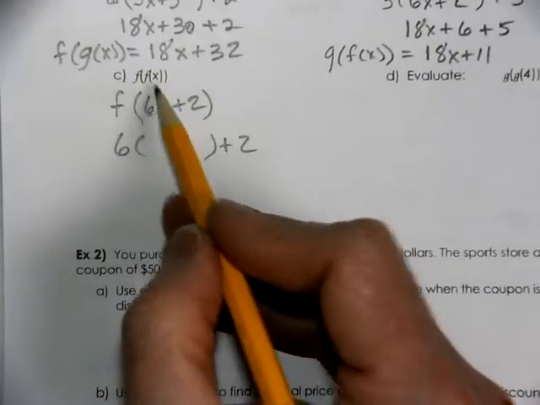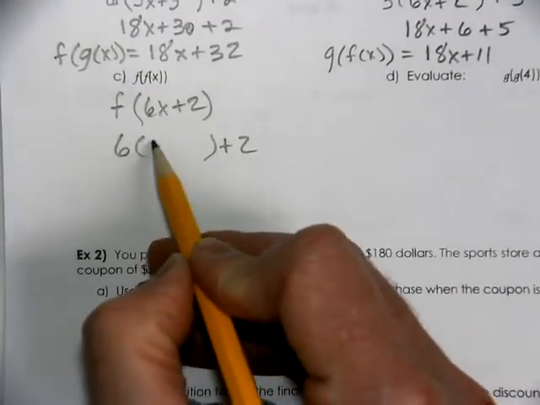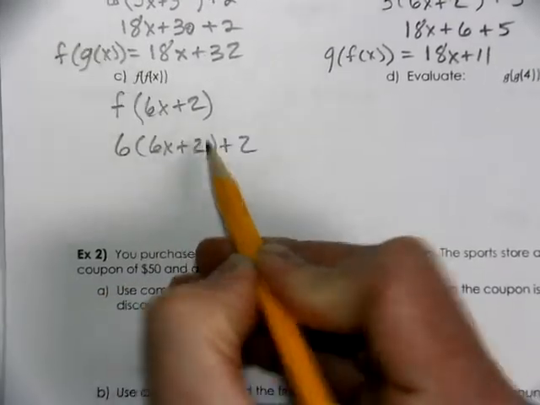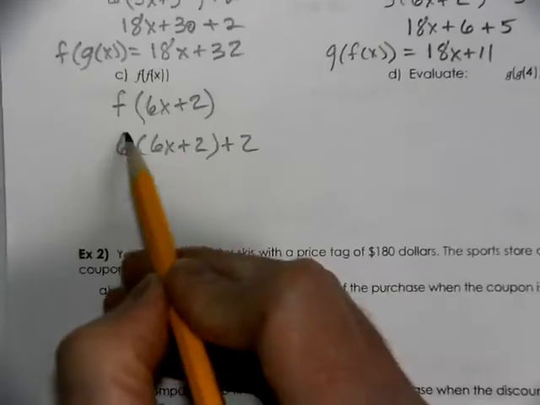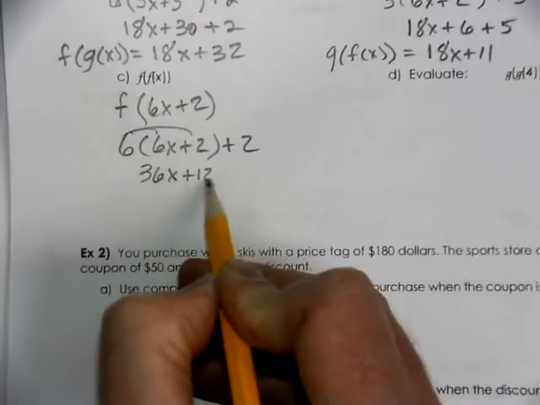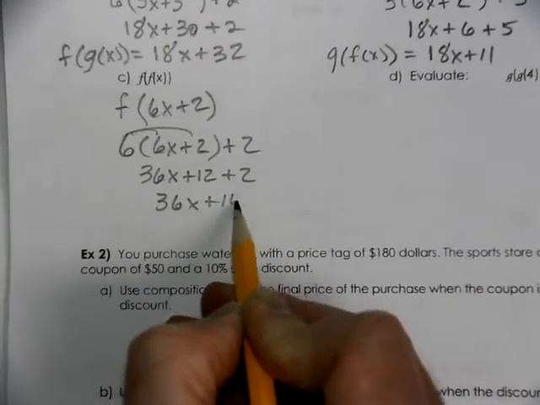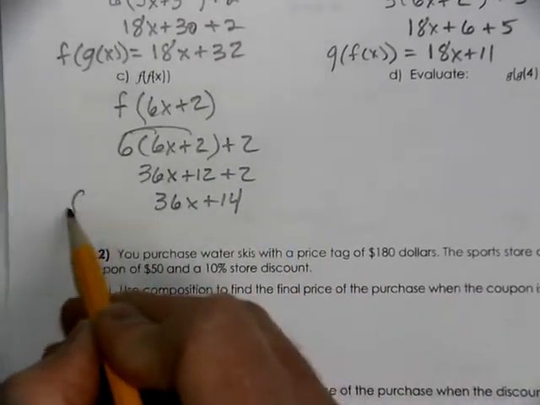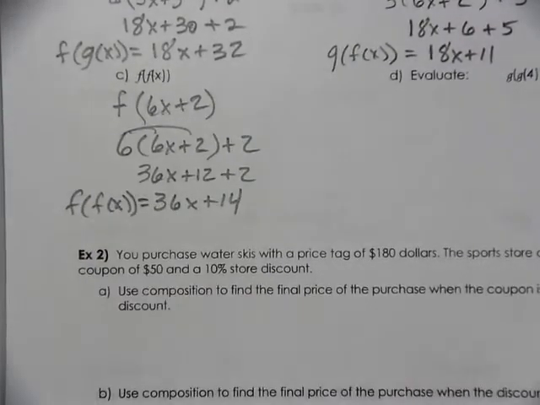So we're going to plug the f of x into the f of x. So we're plugging the 6x plus 2 in place of the x. And then we distribute and collect like terms. So f of f of x is going to be 36x plus 14.